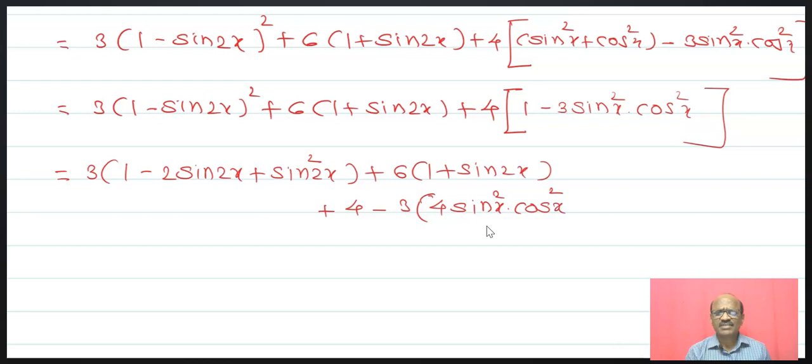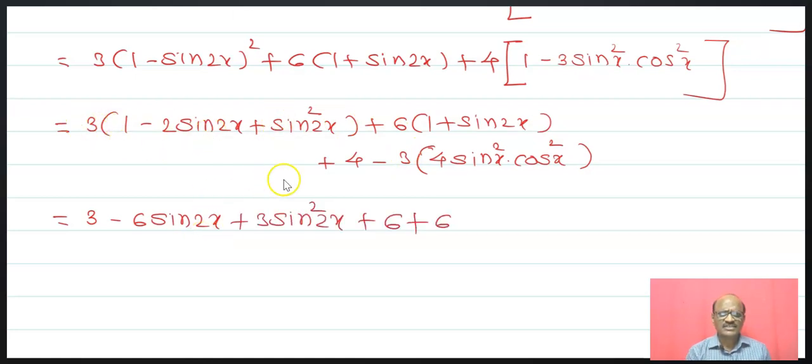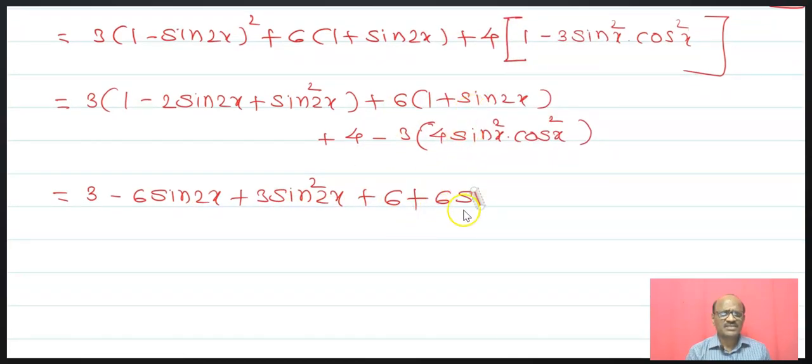Now 4 sin square x into cos square x is nothing but (sin of 2x) squared. That is 3 minus 6 sin 2x plus 3 sin square 2x plus 6 plus 6 sin of 2x.